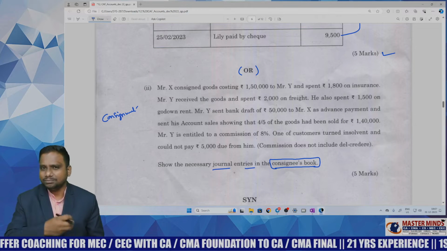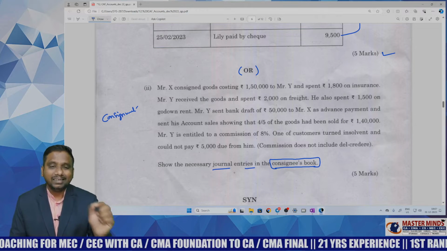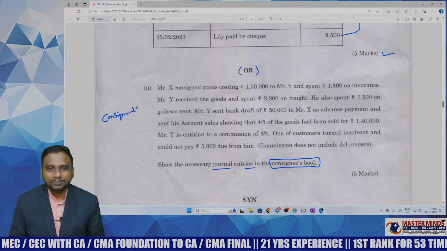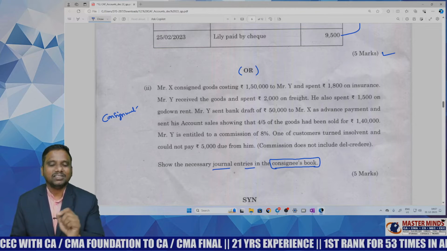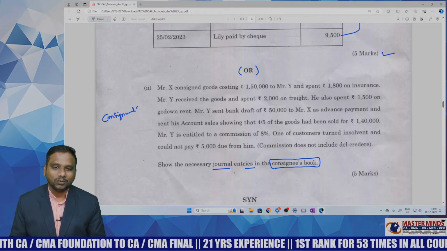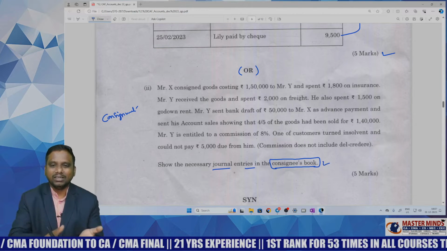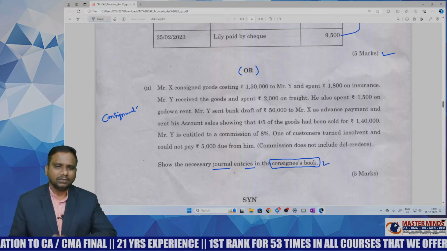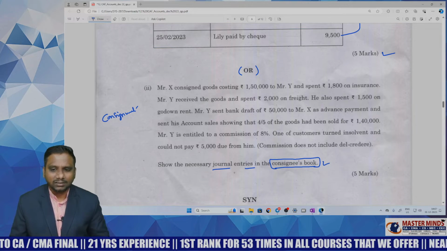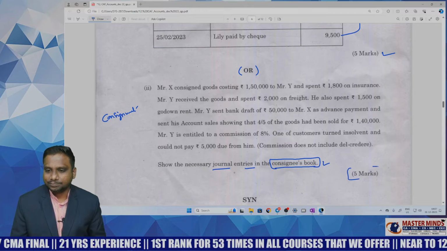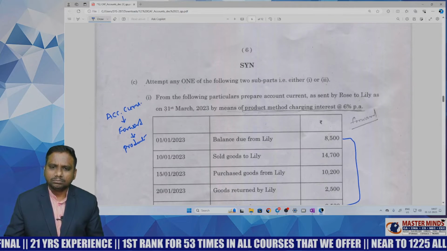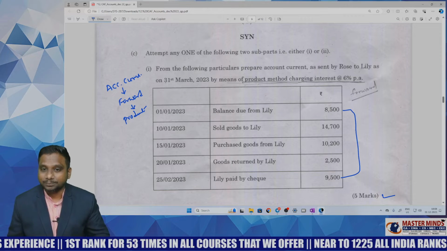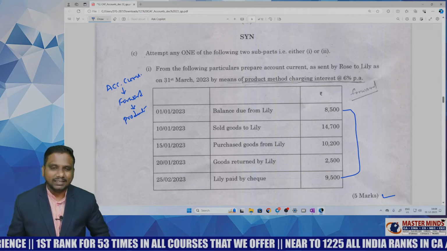Some students leave these entries to be recorded in the books of consignee. But see the question. They have asked the journal entries in the books of consignee. Okay, here some students may feel difficulty about which transaction is recorded and how it is recorded. But reasonably prepared students can answer this, and 5 marks. Anyway, we have internal choice now, so other students can solve account current easily. Yes sir, no, students? Yes. Next question.